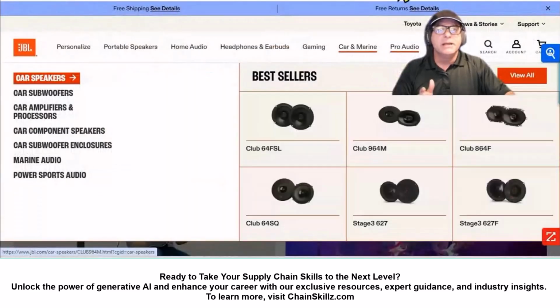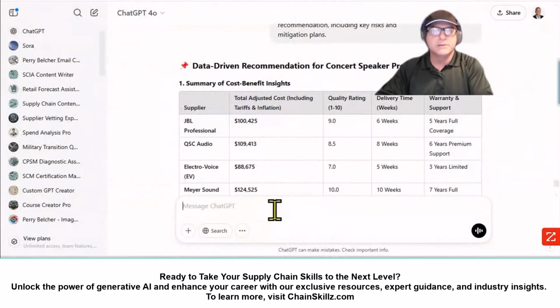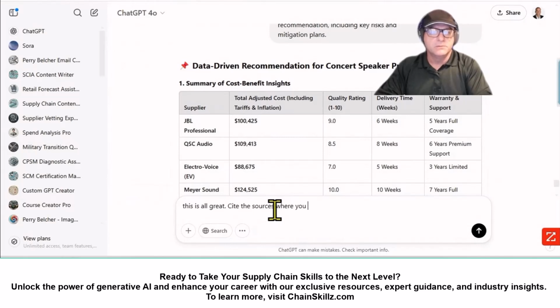Okay. And then the other thing I could do, if I want to be a little bit lazy: okay, this is all great. Provide me the resources, cite the sources where you got your information so I can validate them.